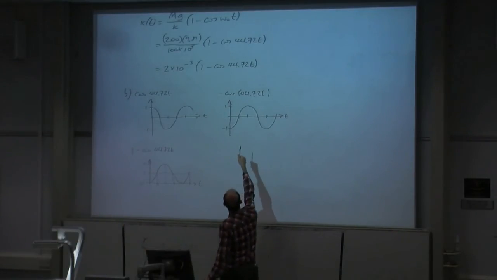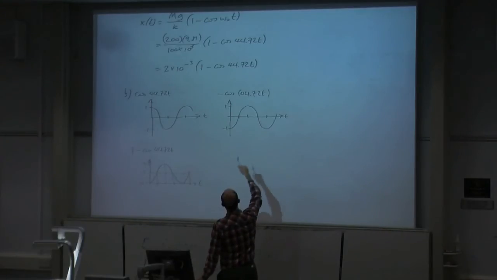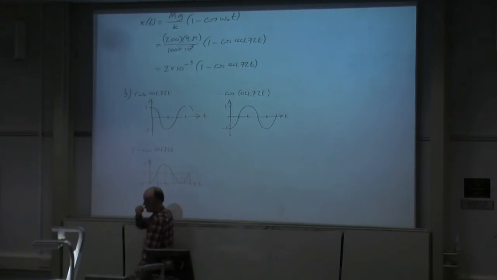So this could be minus cosine omega naught t plus 1. So you just add 1 to the whole lot.